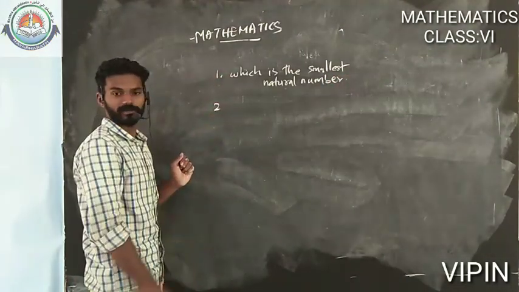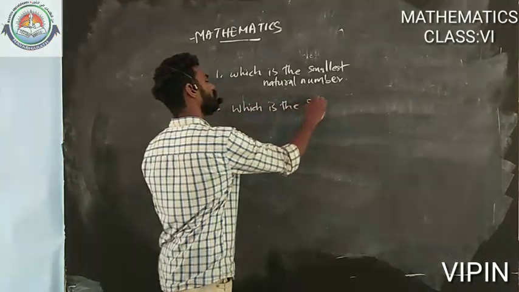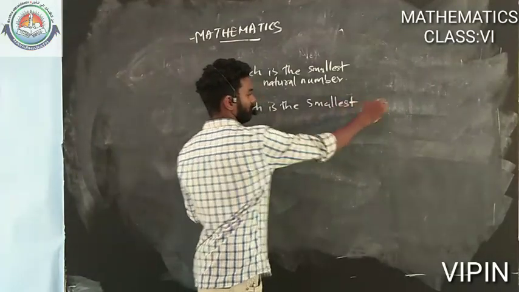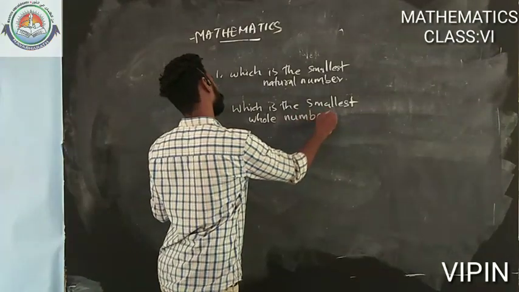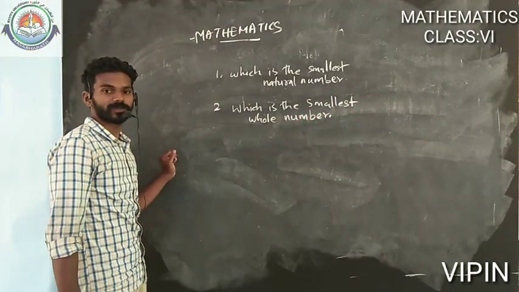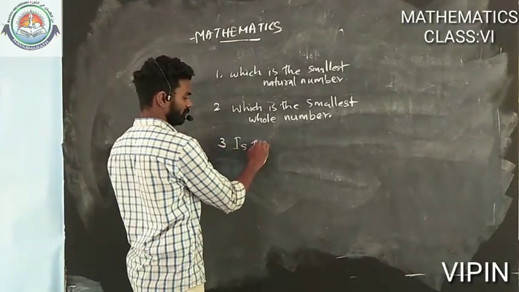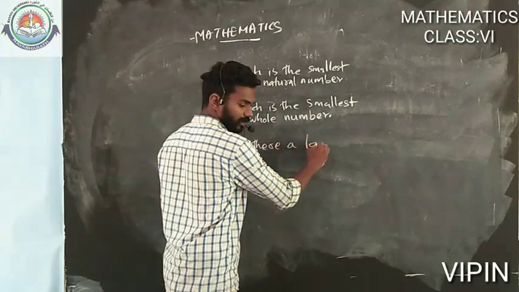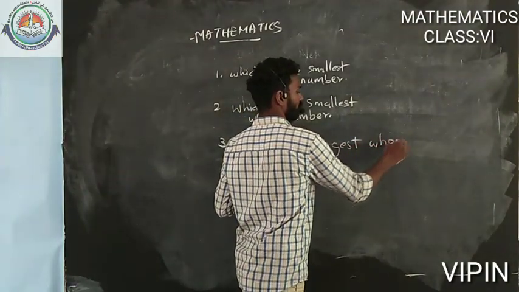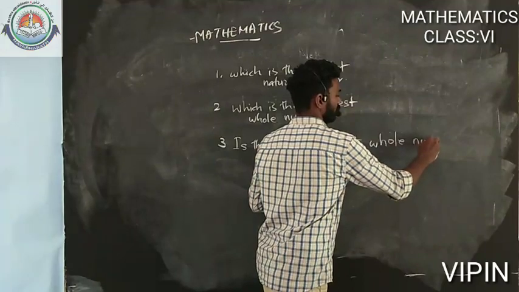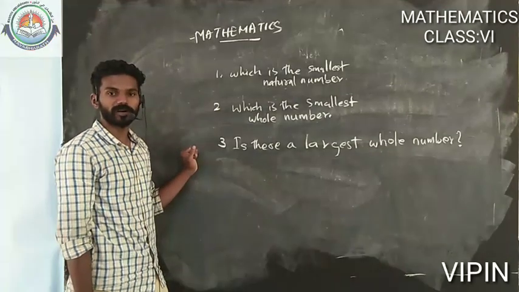The second one, which is the smallest whole number? The third one, is there a largest whole number? Is there a largest whole number?